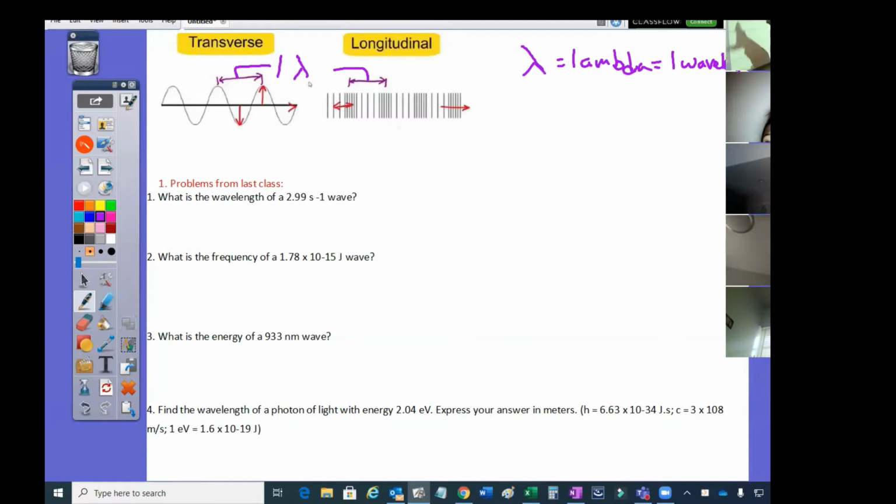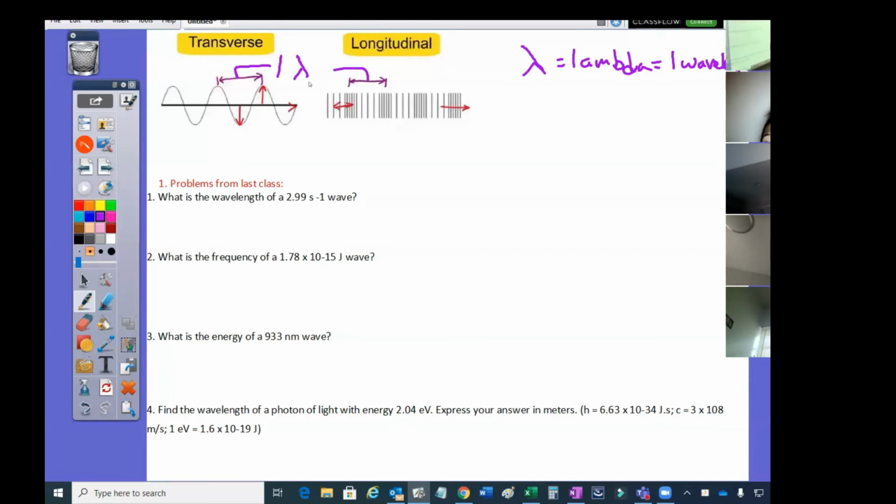On both of these types of waves, you see one wavelength is described. A wavelength is the distance between two identical points on two adjacent waves. I'll say it again. A wavelength is the distance between two identical points on two adjacent waves.